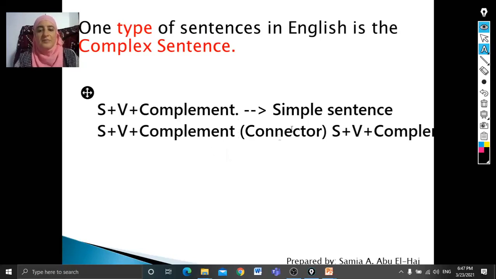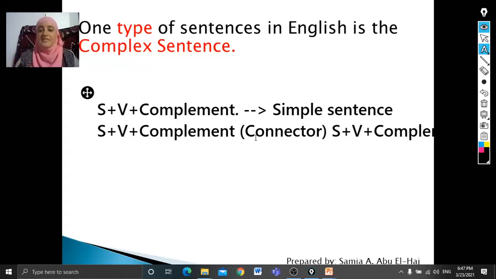now based on the type of the connector we can decide which type of sentence it is. So if the connector was one of the words that we studied in Unit 1, when we studied the uses of a comma, remember the 7 words: and, but, or, so, nor, for, and yet. If it was one of them, then it is a compound sentence.